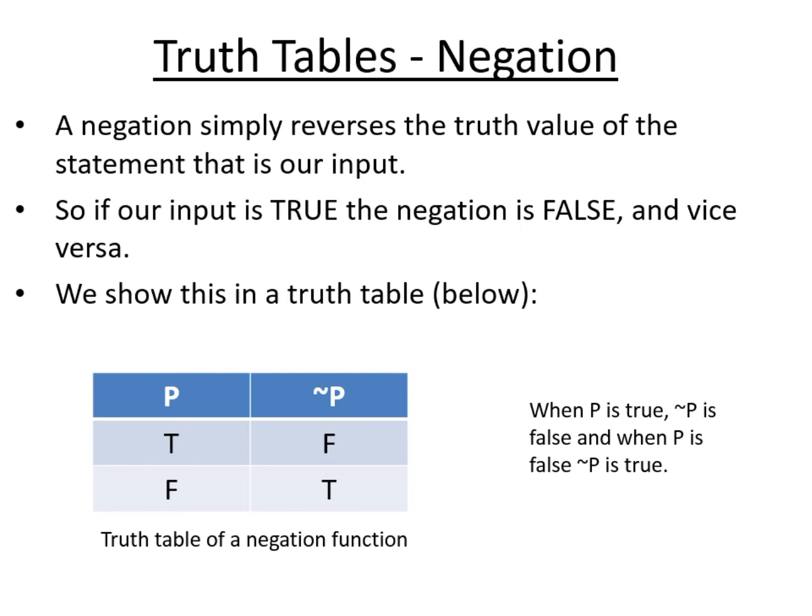It can only act on a single statement. So our truth table simply has a column for P, and if P is true, then not P is false, and if P is false, then not P is true. This is the most straightforward form of truth table that we can design.